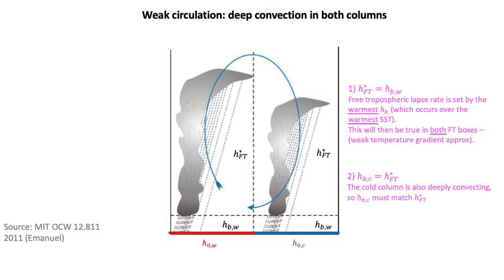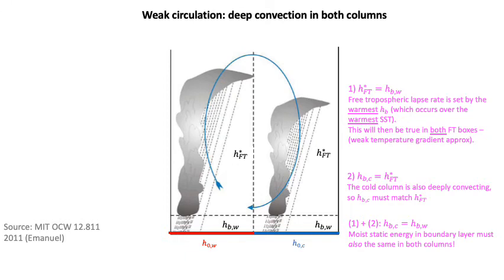And so the boundary layer, H B comma C, has to match the free tropospheric value. When you put these two together, it says that the boundary layer moist static energy values have to be the same in both the warm and the cold columns. So you end up with H B comma W in both boxes. The moist static energy in the boundary layer must also be the same in both columns.